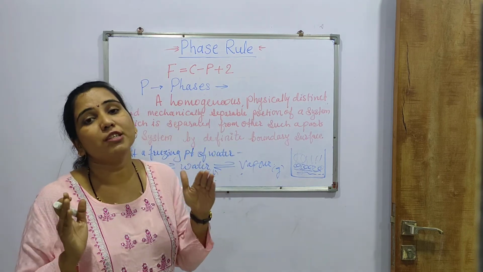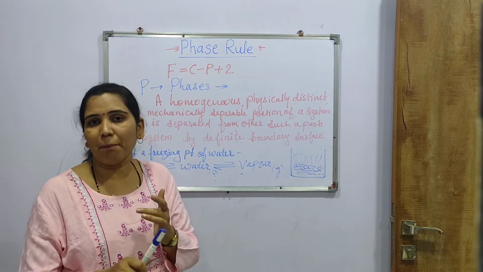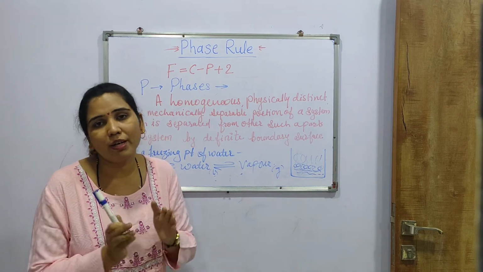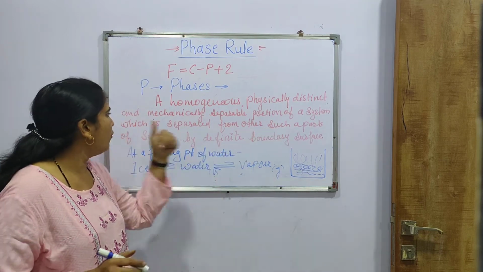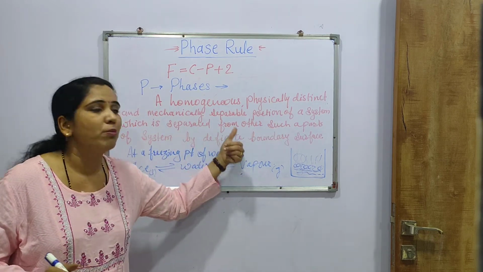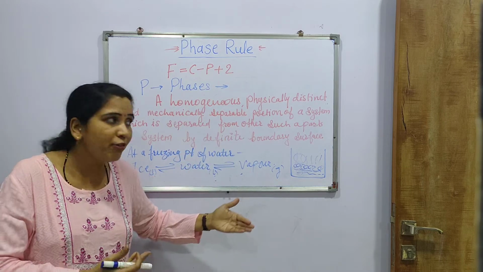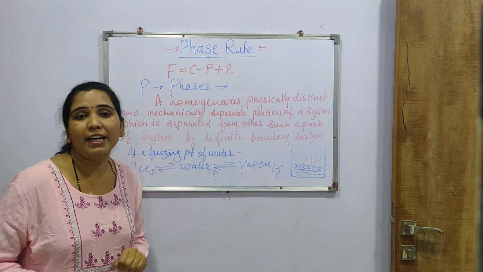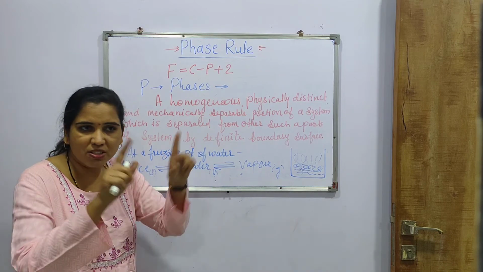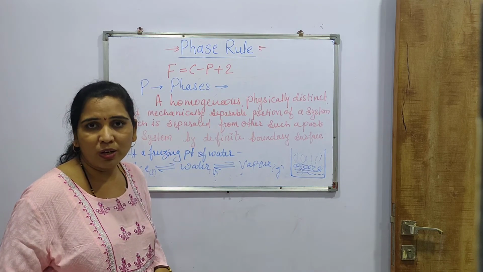Mechanically, by changing its constituents like temperature, pressure and composition, it can be separated. So a phase is a mechanically separable portion of a system which is separated from the other phase, or other part of the system, by a definite boundary line. It must have a particular definite boundary line.